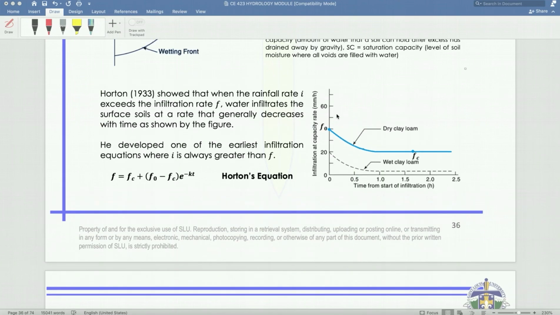So, according to Horton, as time passes during infiltration, habang tumatagal daw, pababa ng pababa yung infiltration rate natin. And it is shown in this graph. We have here the y-axis as the infiltration capacity rate, and the x-axis as the time from the start of infiltration.